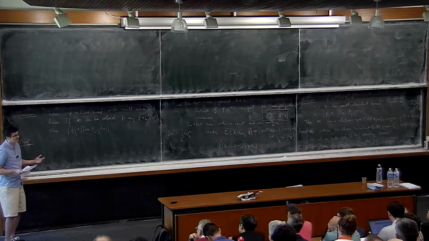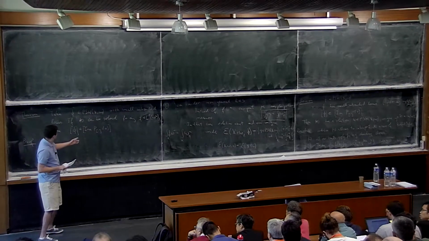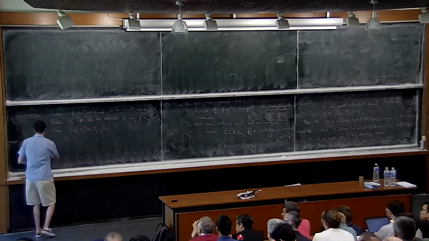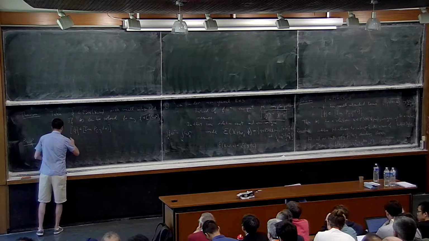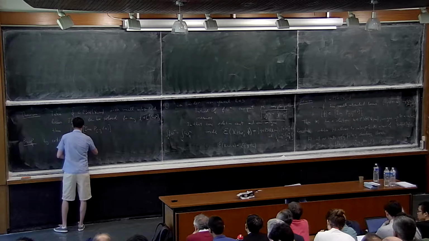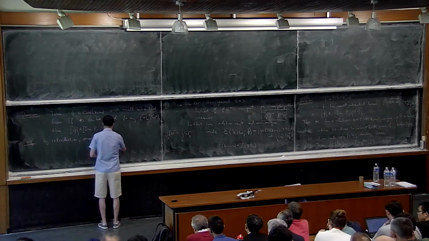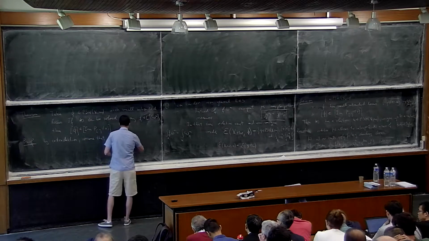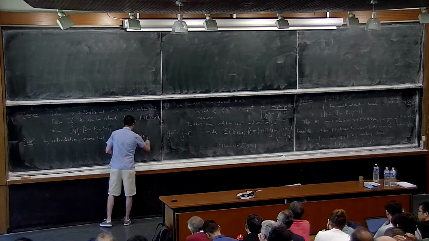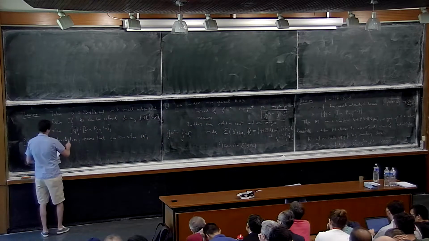So by contradiction, assume that you can solve star for any f in L^p, but phi is not from this set.